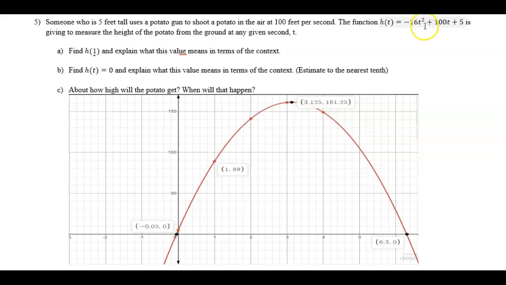You need to know the time in order to know the height. So your time is your independent variable, which is x, and your height is your dependent variable, which is y, because your height depends on the time. Looking here, at 1 second means we need to find when x is equal to 1.